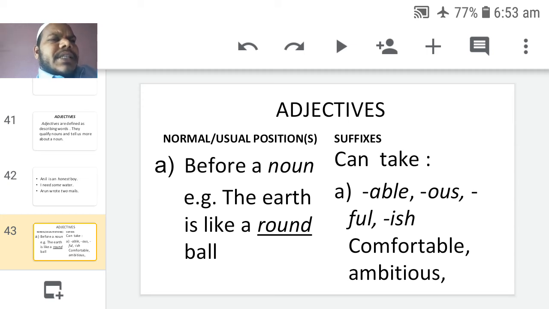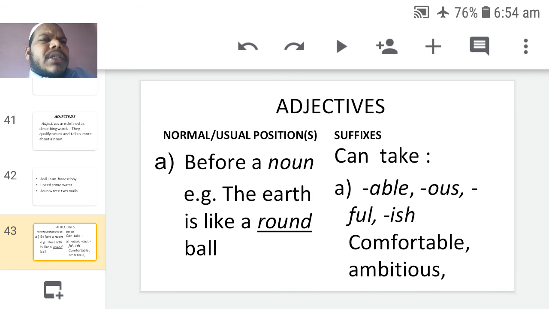If the word possesses these suffixes, we can say yes, comfortable is a describing word possessing the suffix able, so we can confidently say it's an adjective. Ambitious is a describing word, and since it takes the suffix ous, we can conclude that it's an adjective. Again, some examples with able: portable, ambitious. Anyhow, we can practice and get a clear idea.